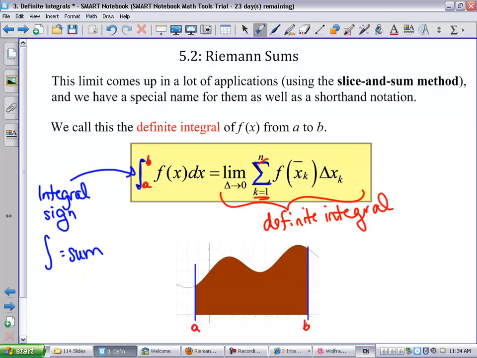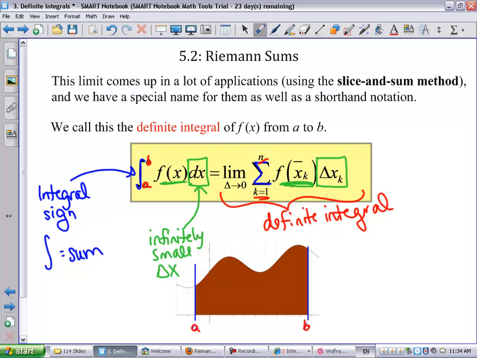We also have our function, telling you what function you're using. And the last part is dx, which compares with the delta x. The dx is an infinitely small delta x.